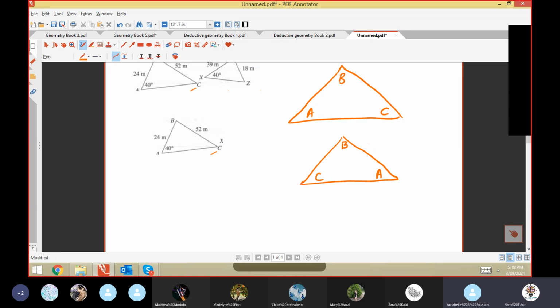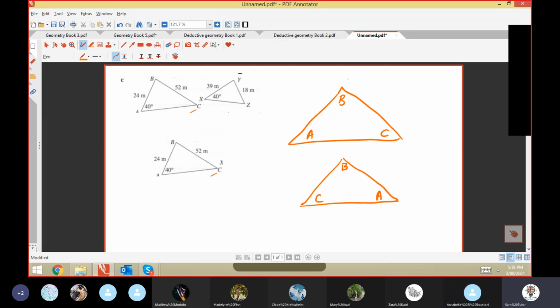So technically what's happened, if you want to see it, I've rotated this way. Picture this triangle: if I'm looking at it from the front, exactly as you're seeing it from the screen, C is on your right-hand side and A is on your left-hand side.